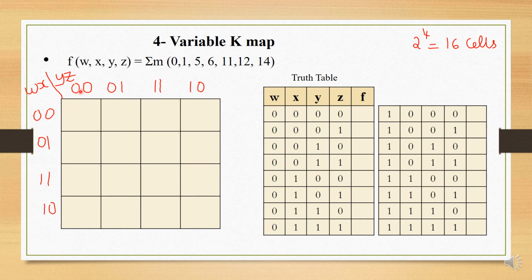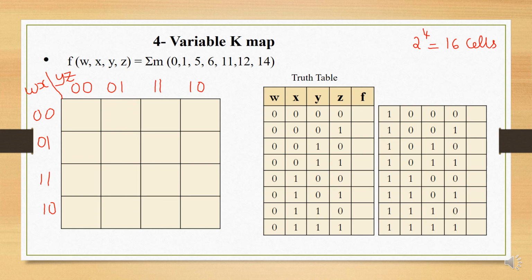So with this row and this column we have cell number 0. Similarly cell number 1 is represented by 0 0 0 1. Therefore wx is 0 0 in the first row, and in the second column you can find yz as 0 1. So this particular cell becomes cell number 1.